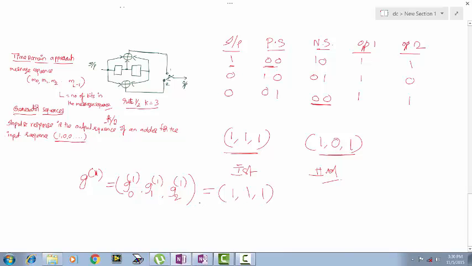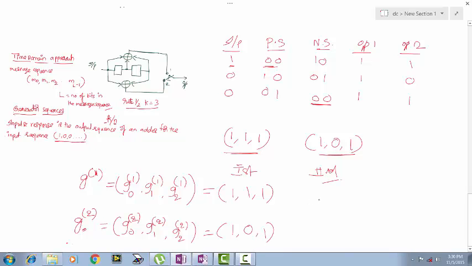So that is the first generator sequence. And coming to the second generator sequence, it is G of 2, corresponding to the second output. So it is G naught of 2, G1 of 2, G2 of 2, which is 1, 0, 1.